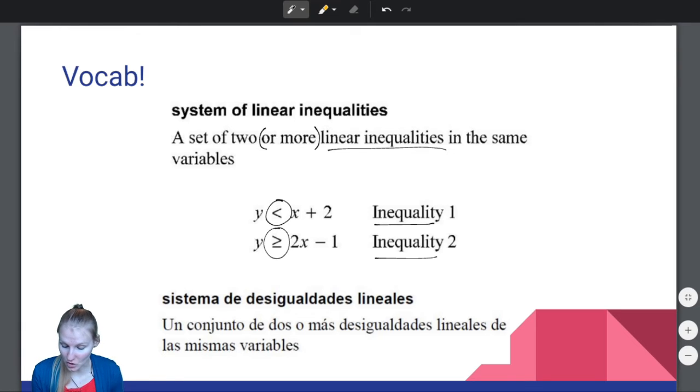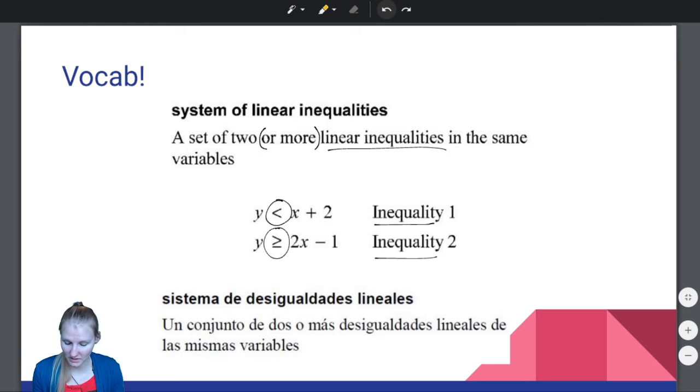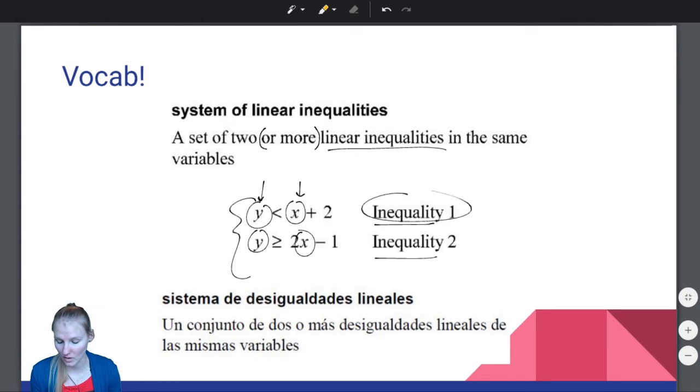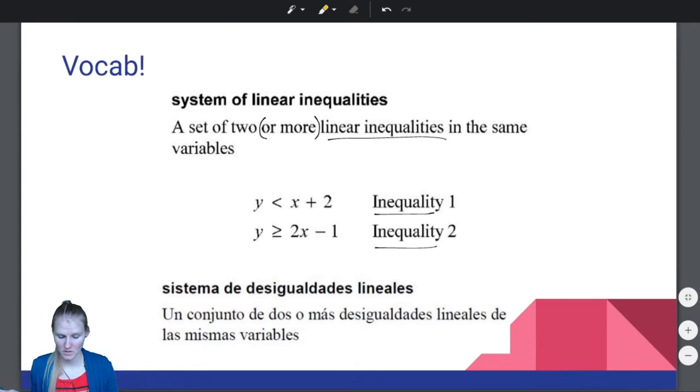So instead of equation number 1 and equation number 2, I have inequality number 1 and inequality number 2. But we still have 2 or more of them, and they are still in the same variables, which means that if I use x and y in inequality number 1, I'm also using x and y in inequality number 2. So, very, very similar to systems of linear equations, just with inequalities this time.